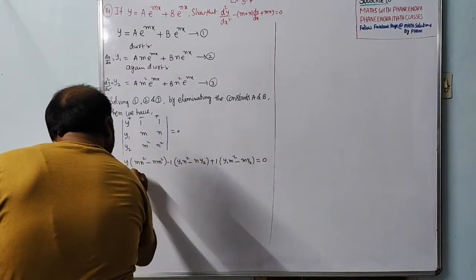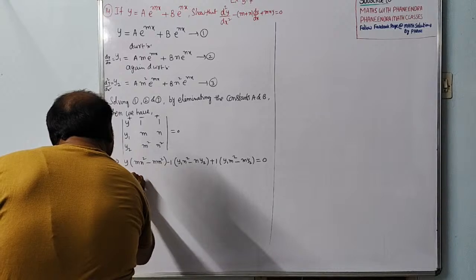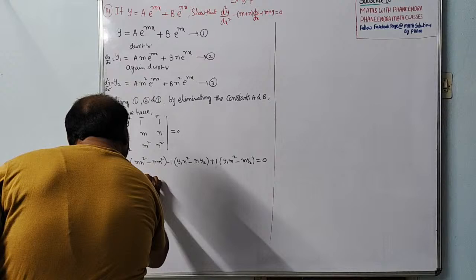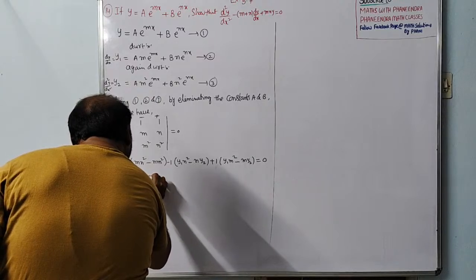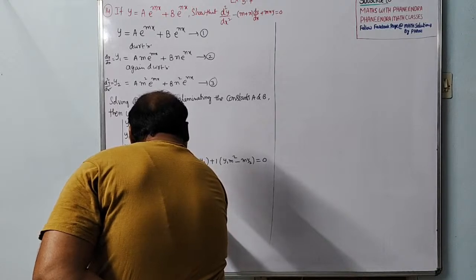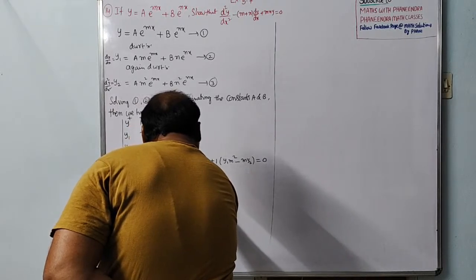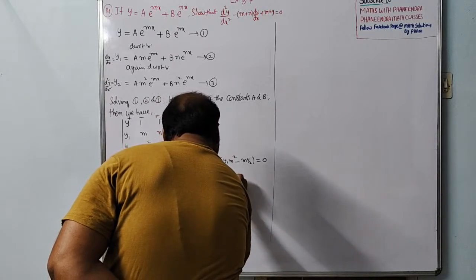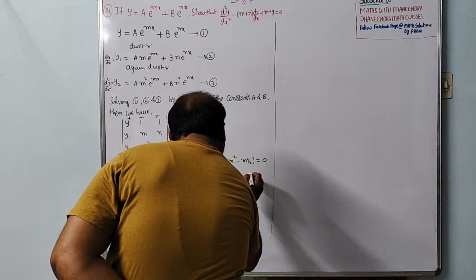That implies mn take common, y into n minus m. Next minus y1 m square plus n y2 plus y1 m square minus m y2 is equal to 0.